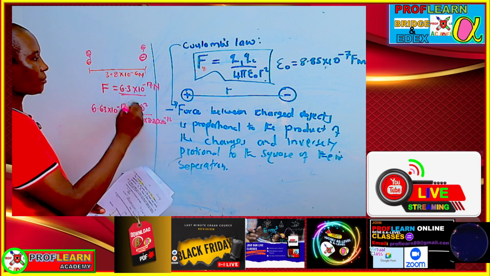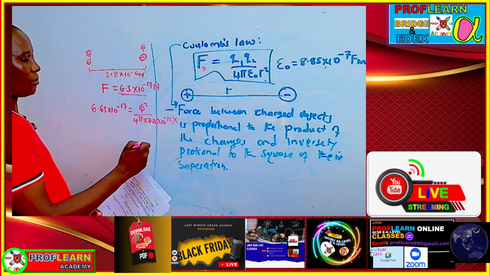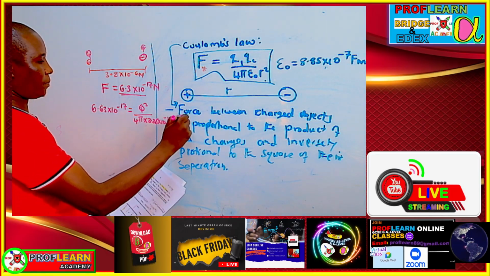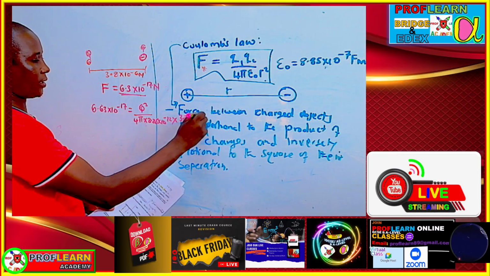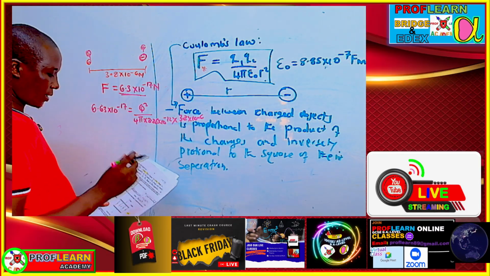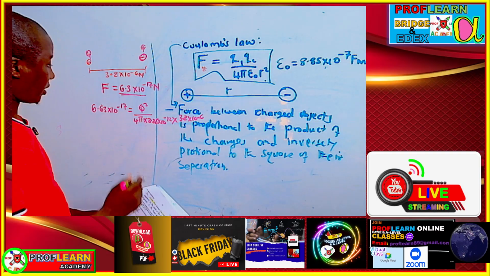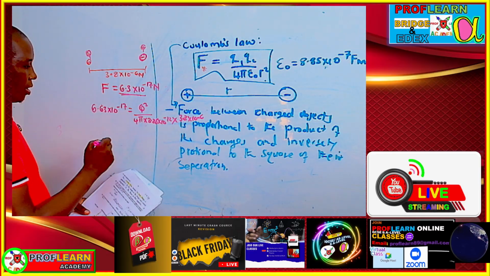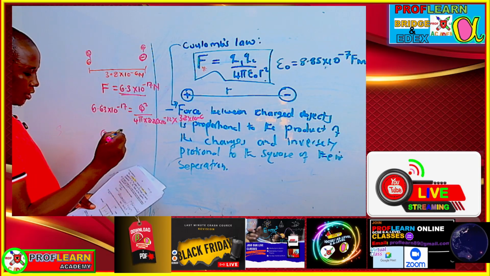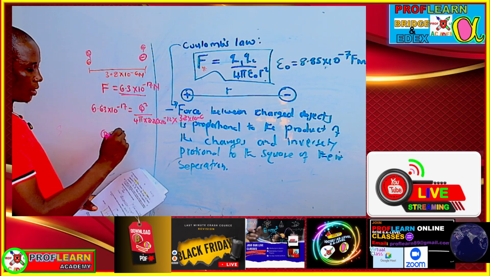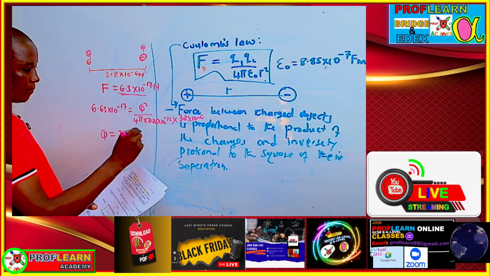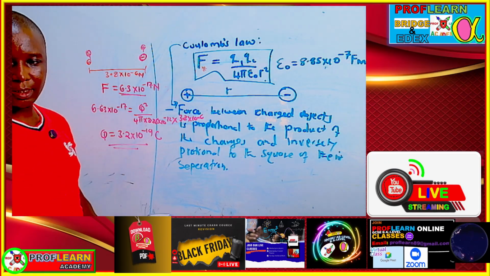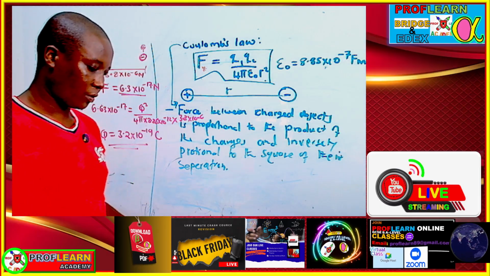Then the distance of separation, which is 3.8 times 10 raised to the power negative 6. So if we work it out and find the square root, we are going to have the value of Q equivalent to 3.2 times 10 raised to the power negative 19 coulombs as the charge for this particular question.